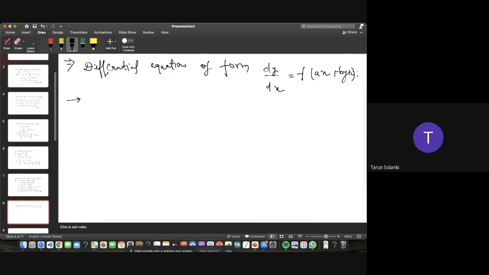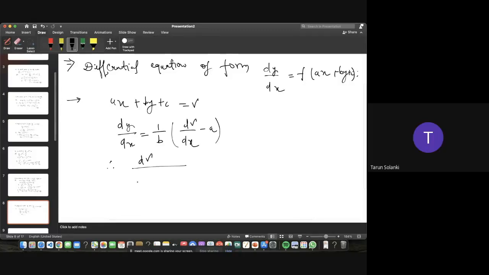So to solve this type of differential equation, we put ax plus by plus c is equal to v. Okay, and dy by dx is equal to 1 by b into (dv by dx minus a). So it becomes dv divided by (a plus b into f(v)), which is equal to dx.